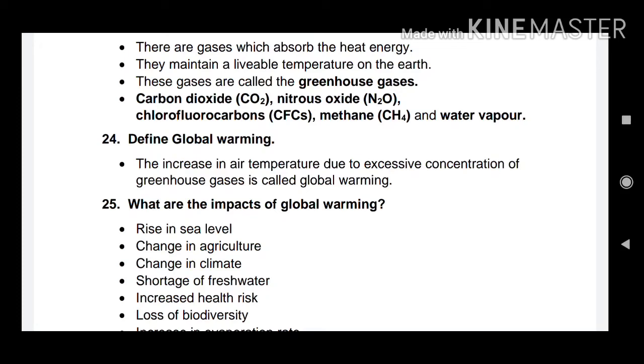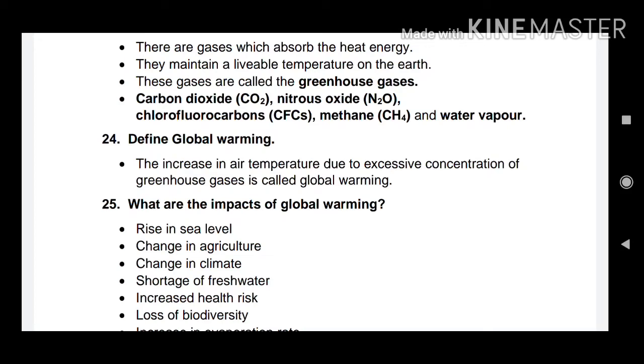So in turn, the atmospheric temperature keeps on increasing. This excessive concentration of greenhouse gases leads to increase in air temperature. On the whole, our earth gets warmer and warmer. This is known as global warming.